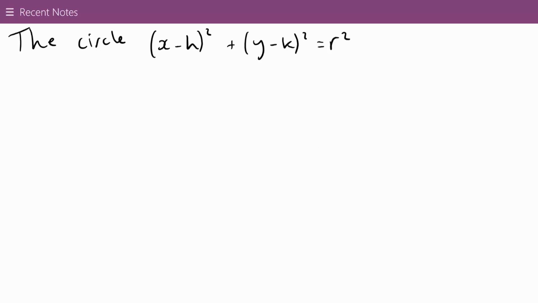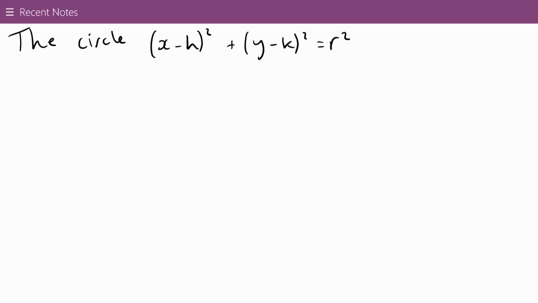We're now going to have a look at the circle within the form x minus h squared plus y minus k squared equals r squared.